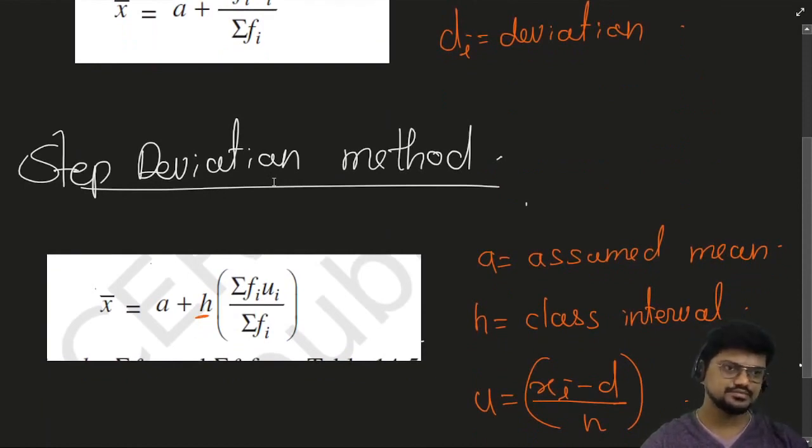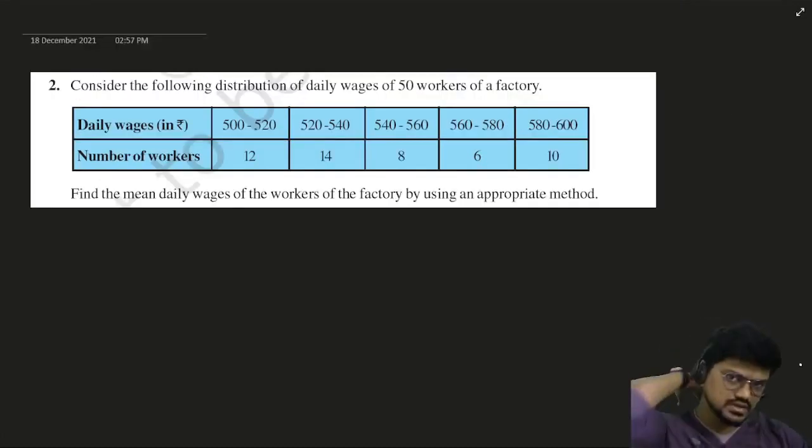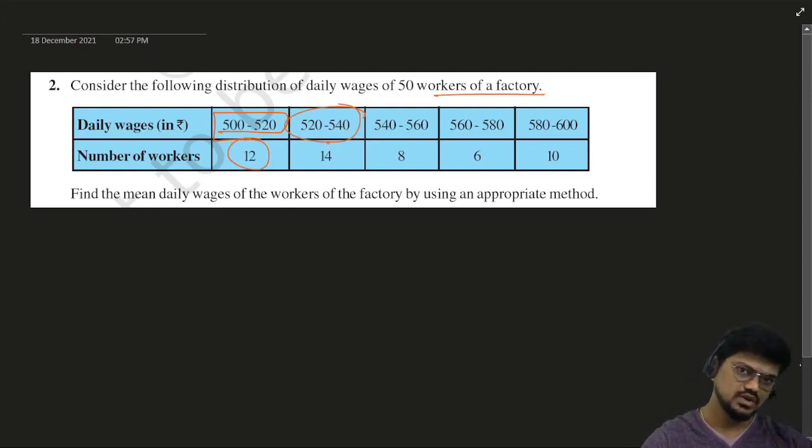Okay, suppose I want to solve the second question. Again, what is given? Consider the following distribution of daily wages of 50 workers of a factory. The daily wages is from 500 to 520 rupees for 12 workers, 520 to 540 rupees for 14 workers, 540 to 560 rupees for 8 workers.